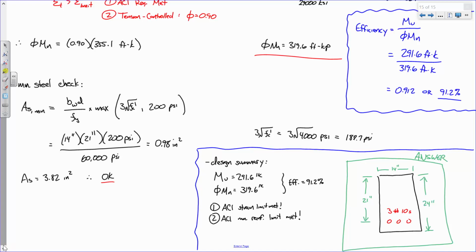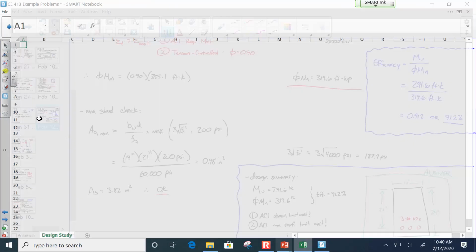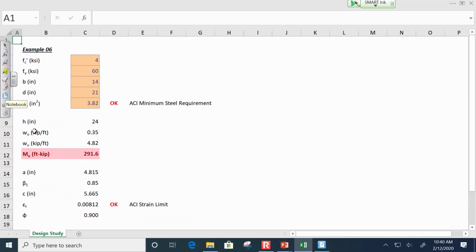Okay? So, what if I told you I could show you in real time what that would do? Let me show you something. I want to look at this. Now, this is a spreadsheet that I wrote that will go through the calcs for this problem.